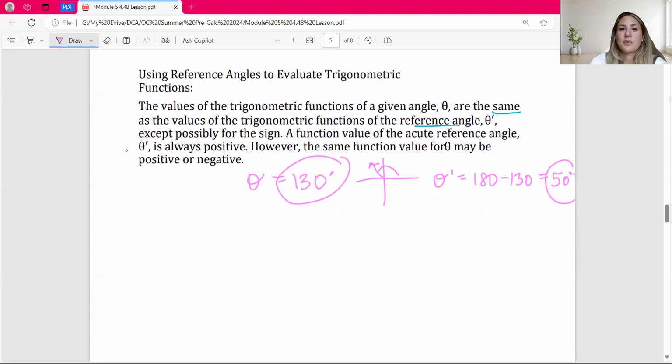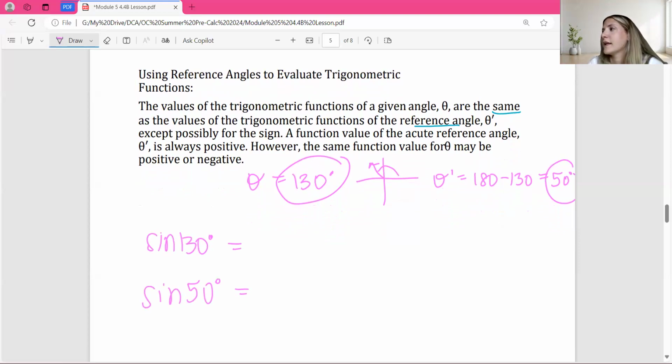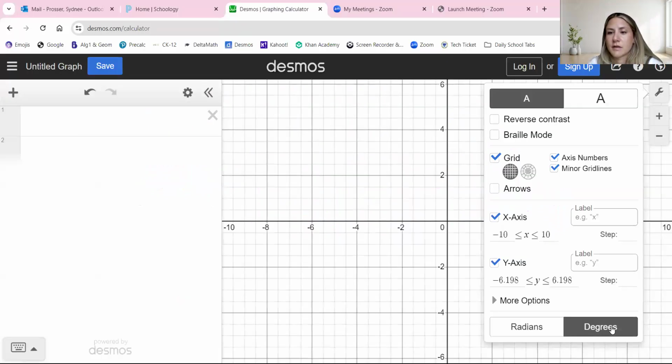So let's say, for example, sine of 130 degrees. Let's figure out what that's going to be. And then sine of 50 degrees. Let's figure out what that's going to be. I'm going to pull that up and show you. My calculator is in degrees, you can see right here.